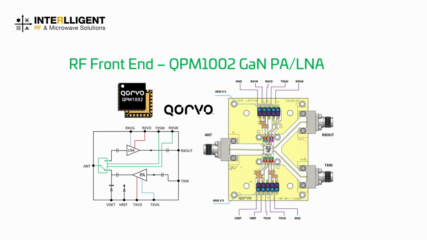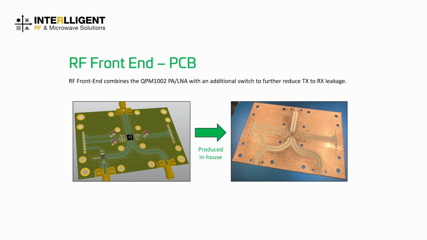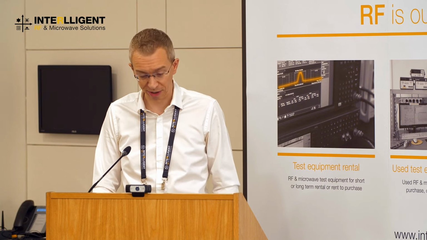This part consists of a 4-watt PA, an LNA, a TR switch, all in a 5x5 package, which is a very impressive level of integration. The front end design of this was taken from the Qorvo literature that's provided, and we also added a gas switch in there to improve TX and RX isolation.